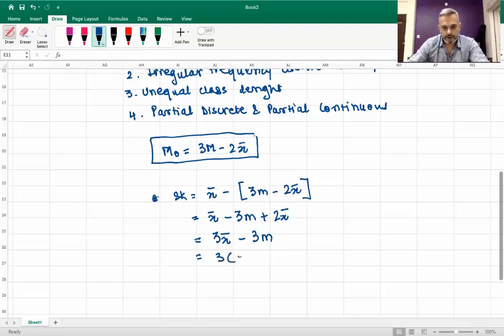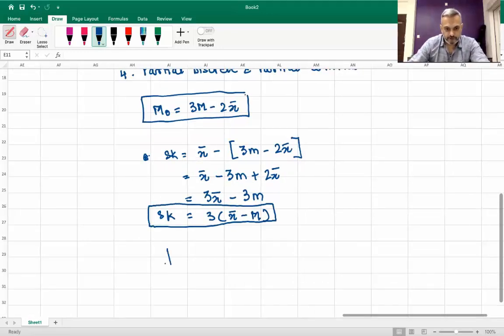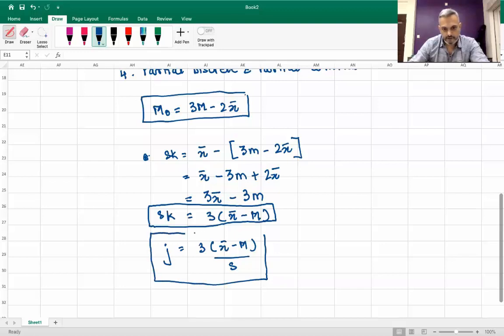We take 3 common, x bar minus M. So skewness is equal to 3 in the bracket x bar minus M, and coefficient of skewness j is equal to 3 x bar minus M upon s, which is standard deviation. So in case mode is ill-defined, then you have to go for this formula.